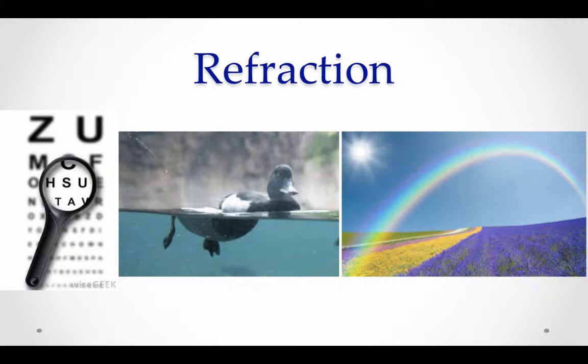And over there with the rainbow, what's happening there is as sunlight passes through little tiny droplets of water, they pass from the air into the water and then back out into the air. And each time that light passes from one medium, like air, into another medium, like water, it bends.